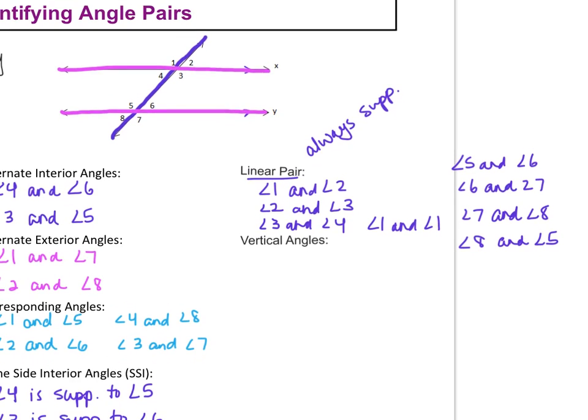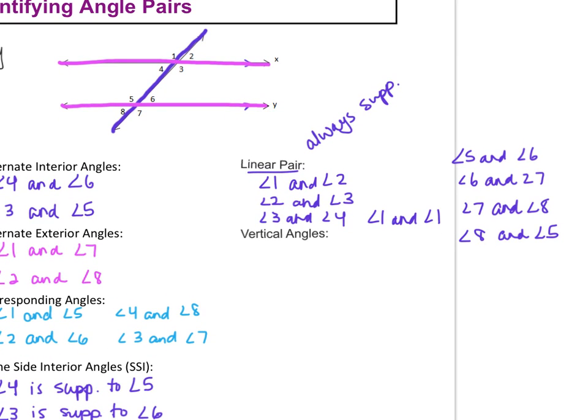Alright, your vertical angles. Vertical angles, if you remember, are angles that come from intersecting lines and they're across or opposite from each other. So we're only going to have 4 pairs of these. Our vertical angles are angle 1 and angle 3. If you see how they are across from each other, formed by those intersecting lines. Also angle 2 and angle 4.